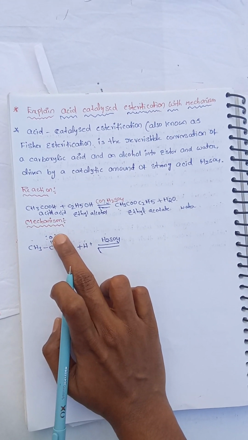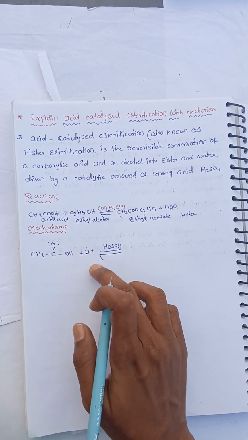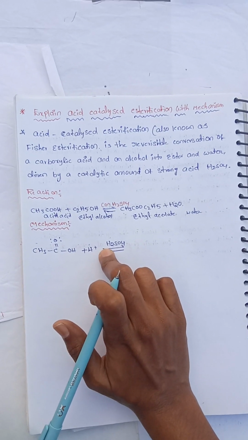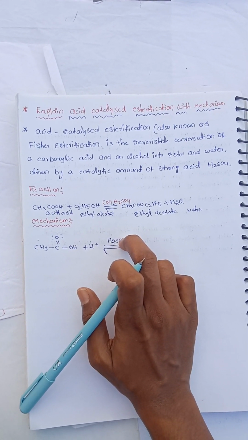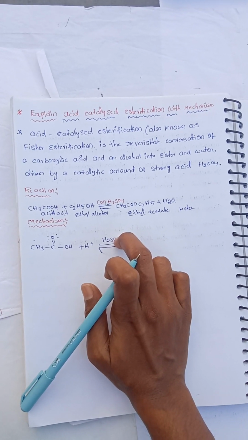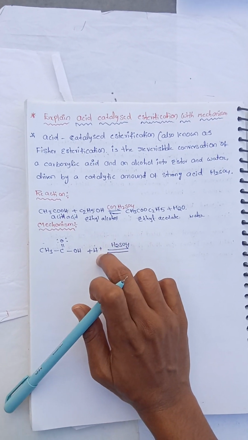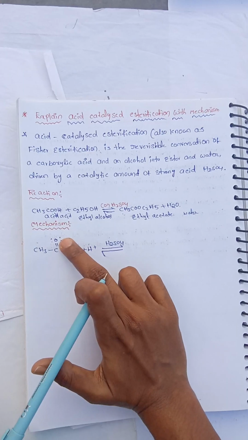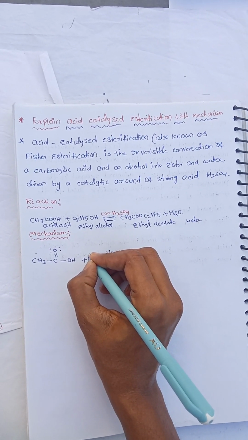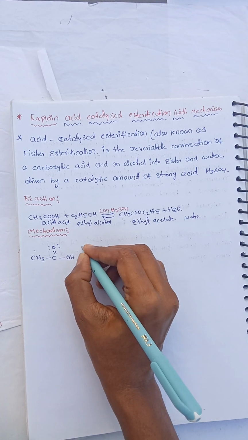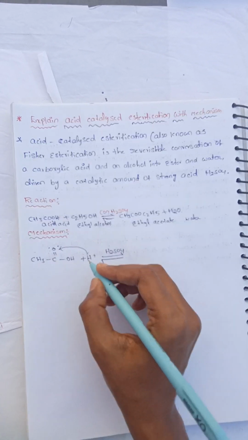These lone pairs are attracted to a proton, that means H plus. Where does it come from? Strong acid. A strong acid always produces a proton, and a proton reacts only with lone pair electrons. So this is the process where H plus reacts with these lone pair electrons.